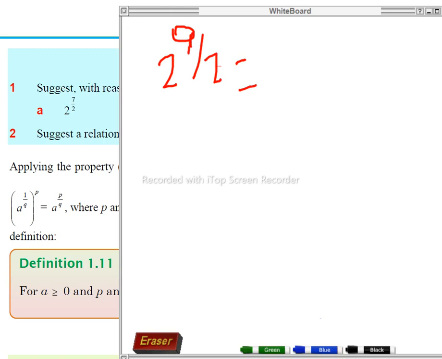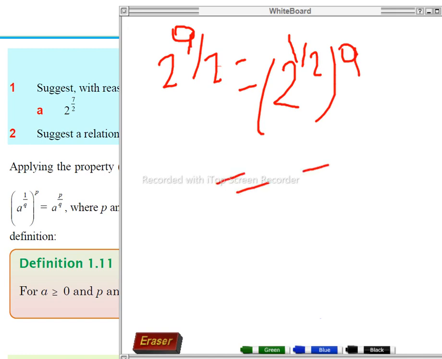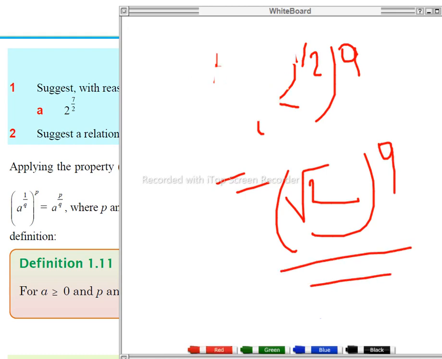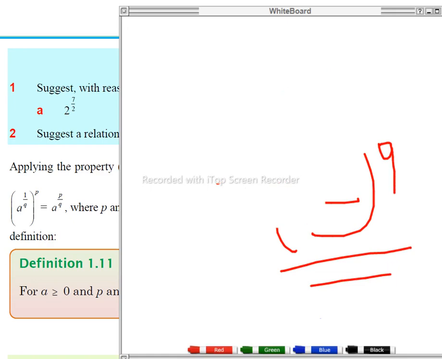So we say 2 to the power of 1 over 2, taking this as a whole. We can write like this. This is in the form like that, but we can also write the square root of 2 to the power of 9. This is all about this activity.